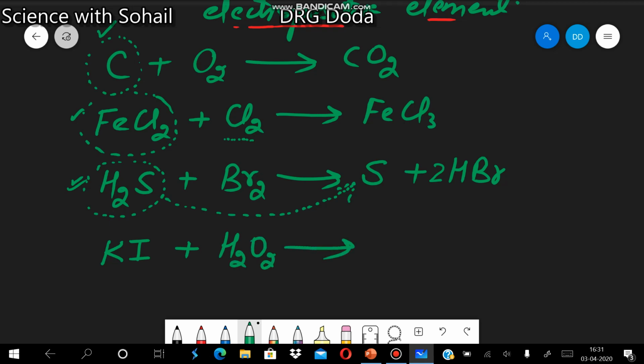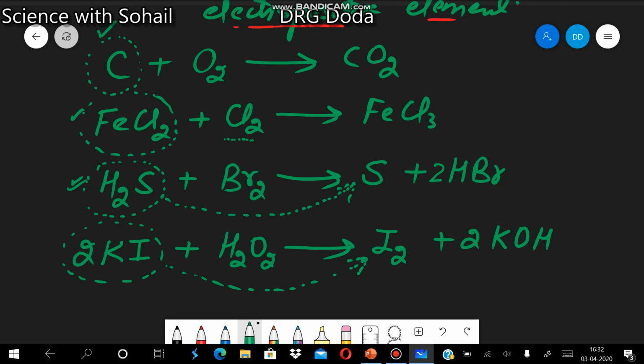Now in another reaction, potassium iodide reacts with hydrogen peroxide to form iodine and potassium hydroxide. Now we can see that in this reaction, potassium iodide gives iodine as the product.